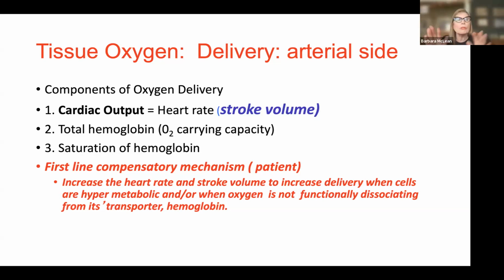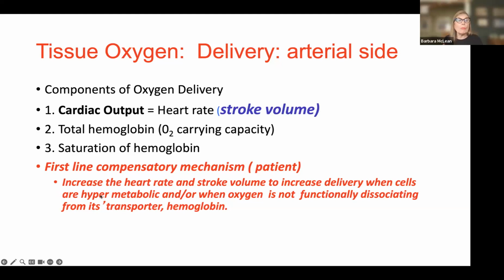That's not what we're talking about today. And then I'm going to look at their total hemoglobin, remembering that the only purpose for hemoglobin is to carry oxygen. And then I'm going to look at the saturation thereof. Now, the first line compensation for a patient in trauma, cardiac shock, hemorrhagic shock, septic shock, first line compensation is to increase the heart rate.